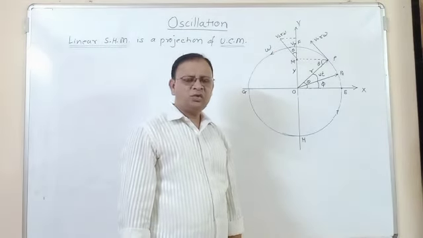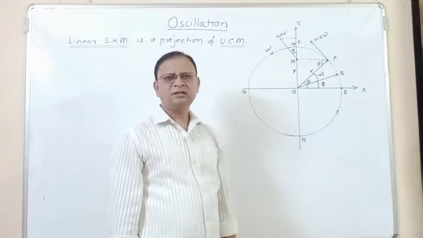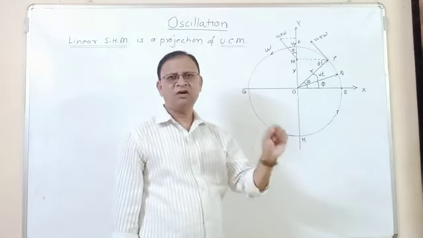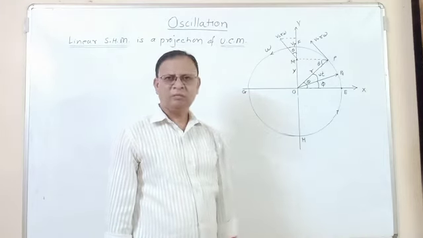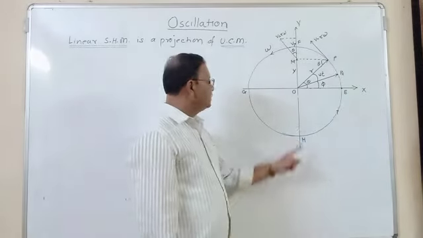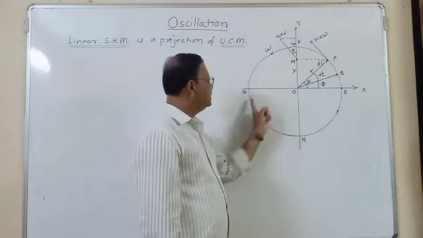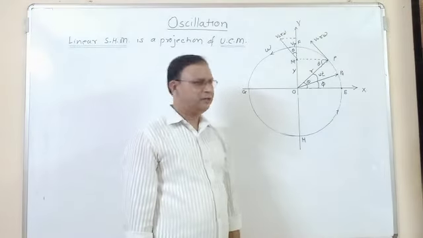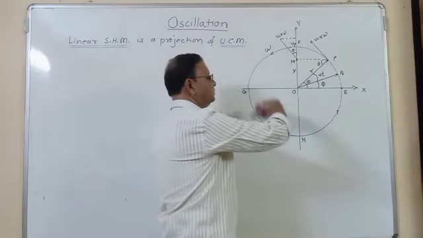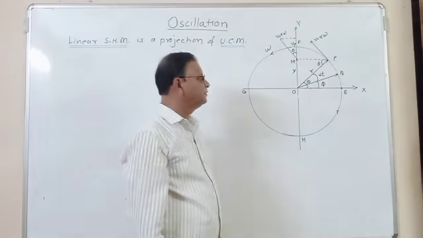This is also called the angular frequency because that angular frequency decides the periodicity of a linear simple harmonic motion. Suppose FH is the vertical diameter and EG is the horizontal diameter. The particle is performing uniform circular motion in the anticlockwise sense.